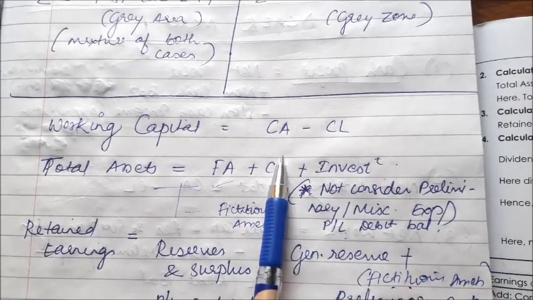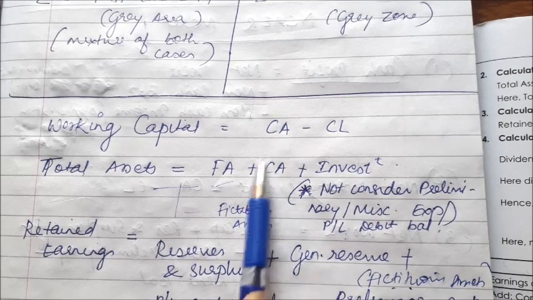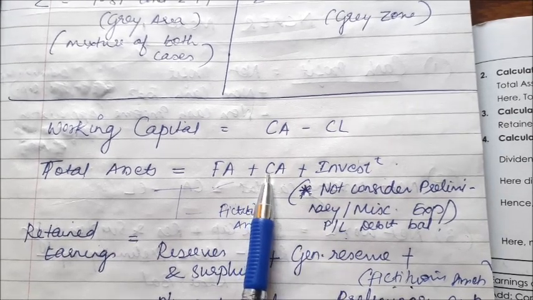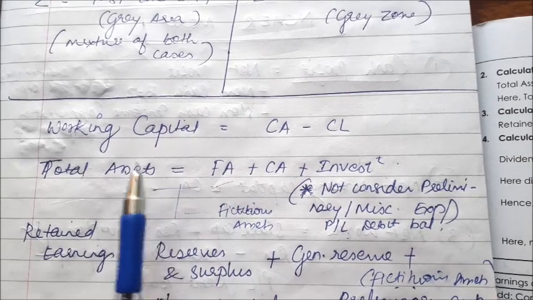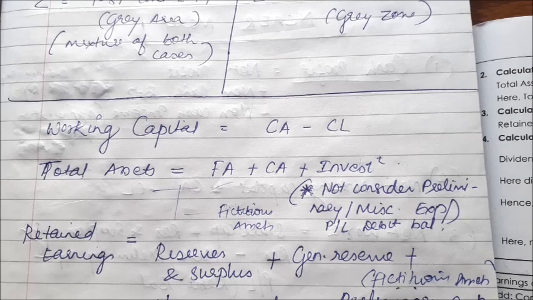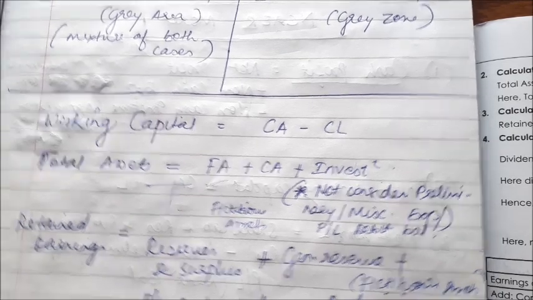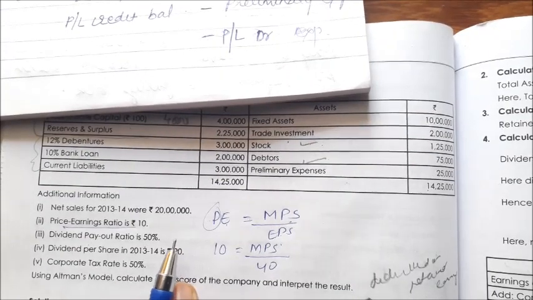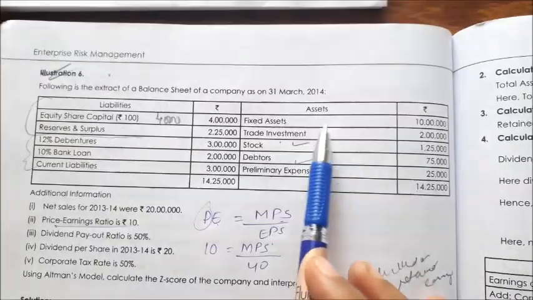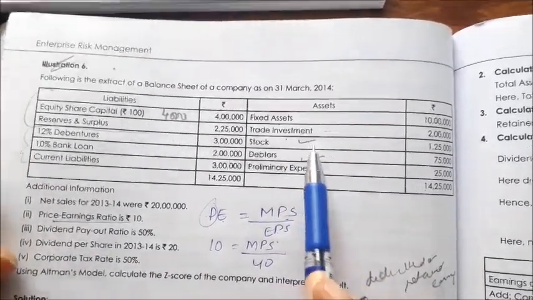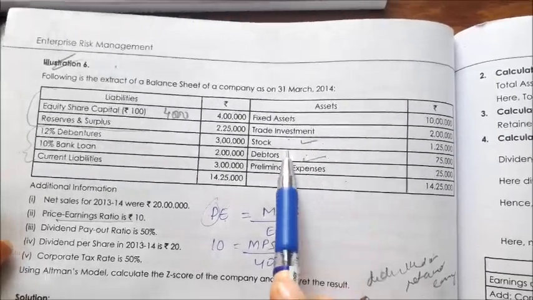I did not include investment in current assets, because in our book, as in Inter also, some questions included investments as current assets and some did not. In this chapter we are not including it as a current asset. It's treated differently, so in current assets we should not include investment, only stock and debtors.